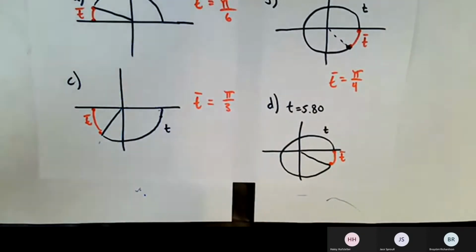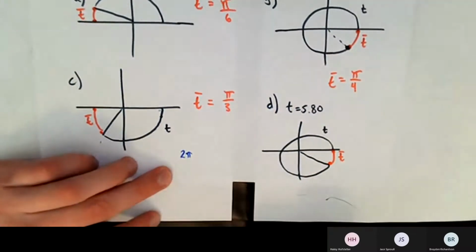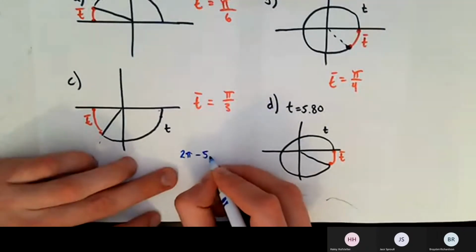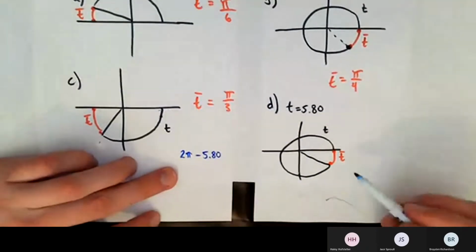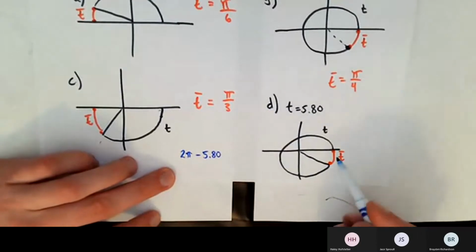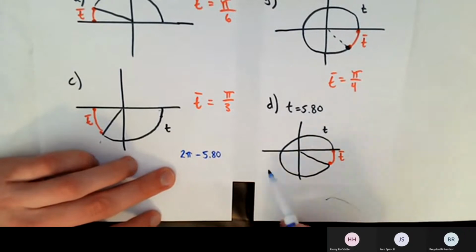Well, I just take a full revolution, which is 2 pi radians. I'm going to do it in a different color so it stands out here. 2 pi radians minus this 5.8 will give me this little leftover piece. So I'm taking a full revolution and subtracting this arc that I drew in black here, which represents 5.8.